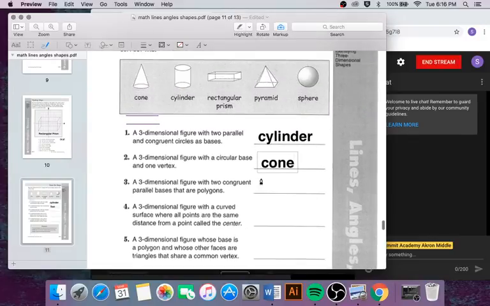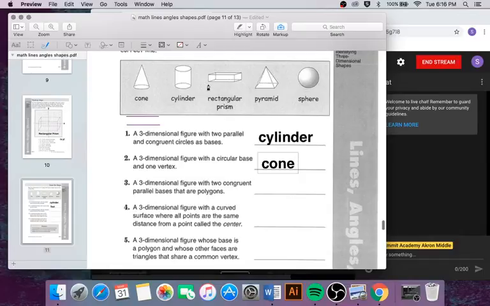So it's looking for parallel bases that'll never intersect. So this pyramid only has 1 base. A sphere doesn't have any. So we're going to have number 3 as a rectangular prism.